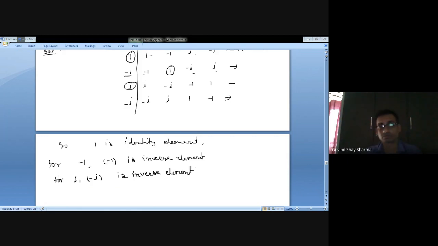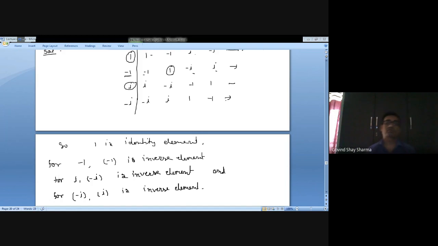And for minus iota, iota is the inverse. Okay.